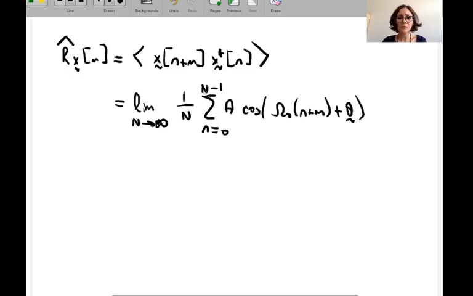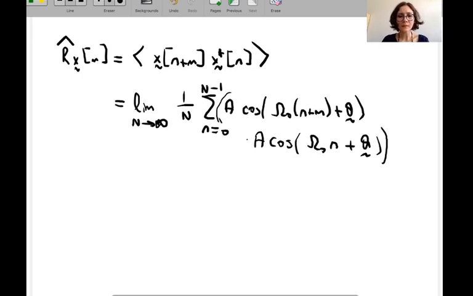Again, we are taking a single realization and taking the average over time, so this theta has a fixed value throughout the whole summation over n. This is multiplied with the second term, x of n, x conjugate of n, but they are real values, so x of n is cosine omega 0 n plus theta, and these are multiplied.